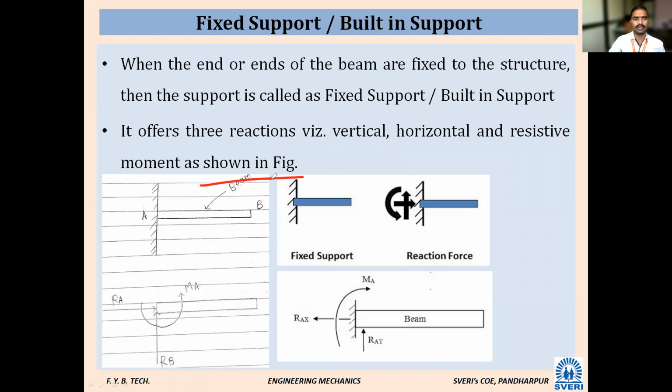As shown in figure, this is the schematic diagram for the fixed support. So there is a member, and this member is supported at this point. So this is fixed support. When you remove this support, these are the reactions. One is in the upward direction, one is in the horizontal direction, and another one is rotation. That rotation is nothing but your resistive moment. Okay, this is the reaction process. So take down this figure.